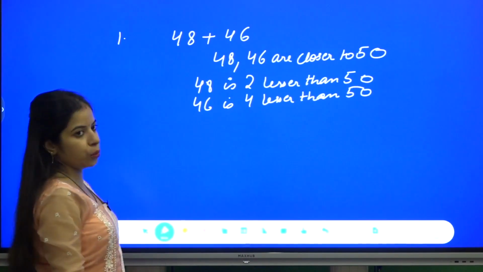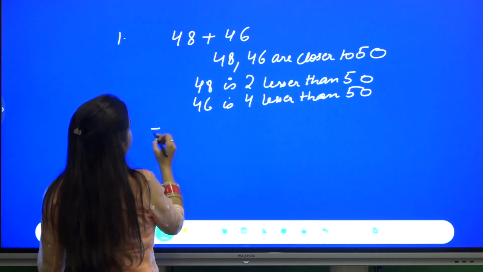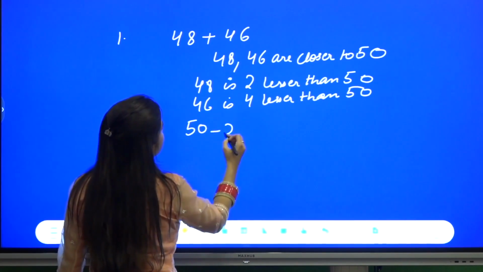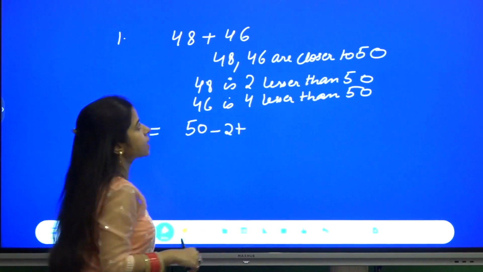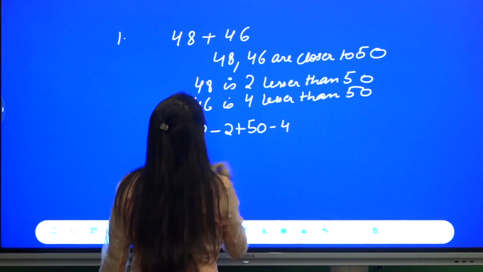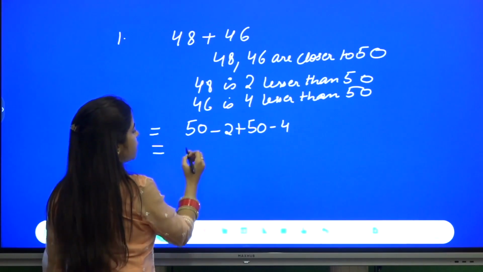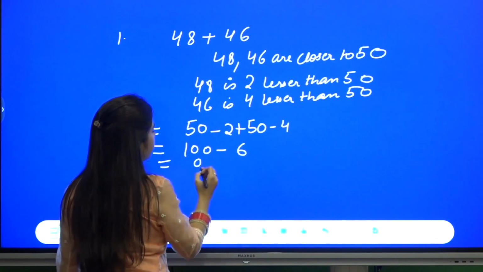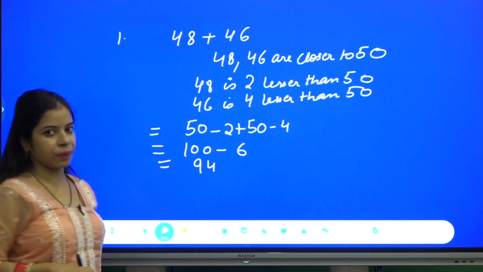So what we can do is, 48 can be written as 50 minus 2 and 46 can be written as 50 minus 4. So 50 plus 50 is 100 and this is minus 6 and this will become 94.